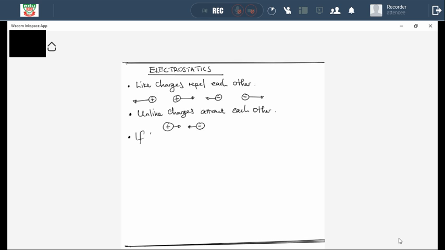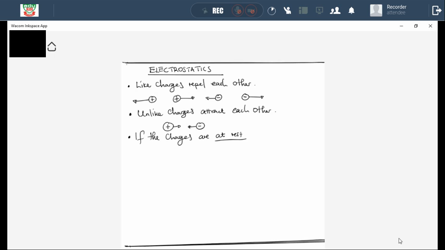I think we need to underline the term at rest. It means they are not moving.